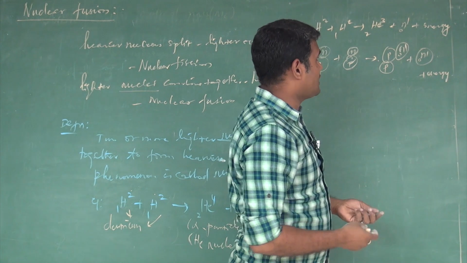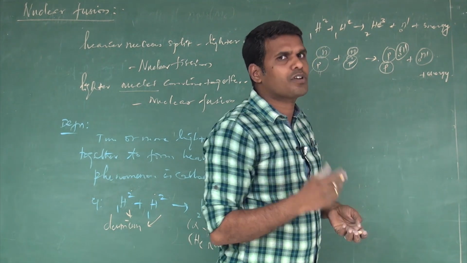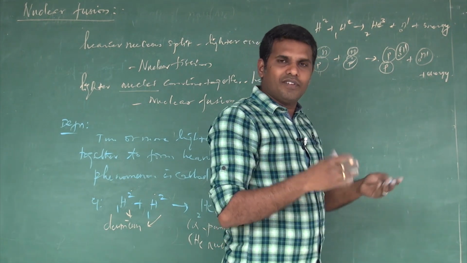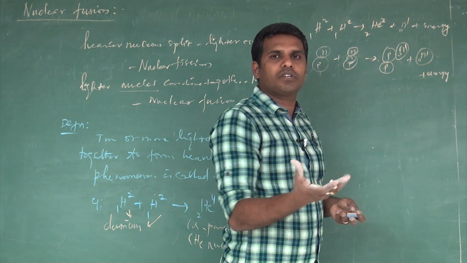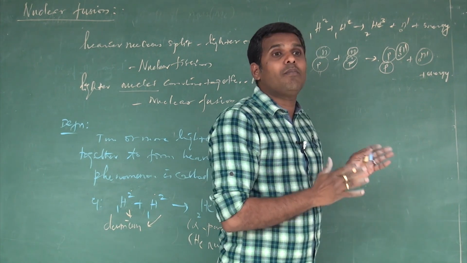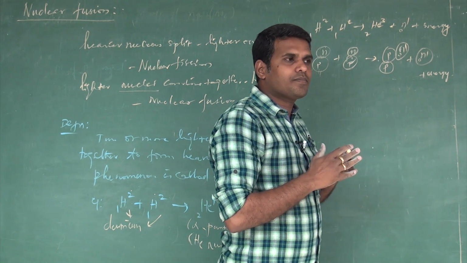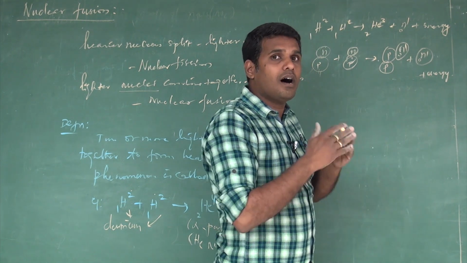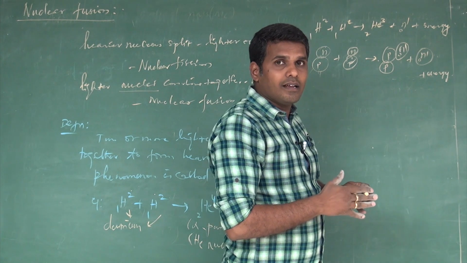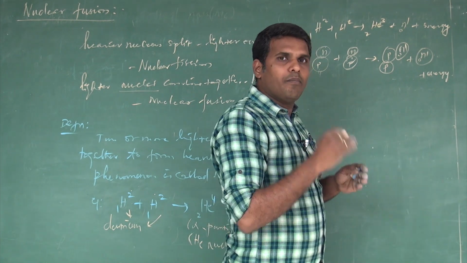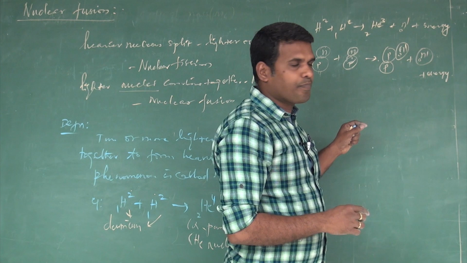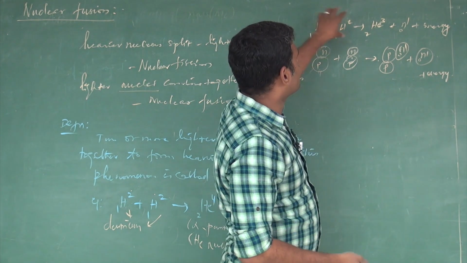Why does the fusion reaction take place? How is energy released in a fusion reaction? Whether it is a fission reaction or fusion reaction, there is always a mass difference. The mass of the product nucleus is always less than the sum of the masses of the two lighter nuclei in a fusion reaction. Look at the case here.